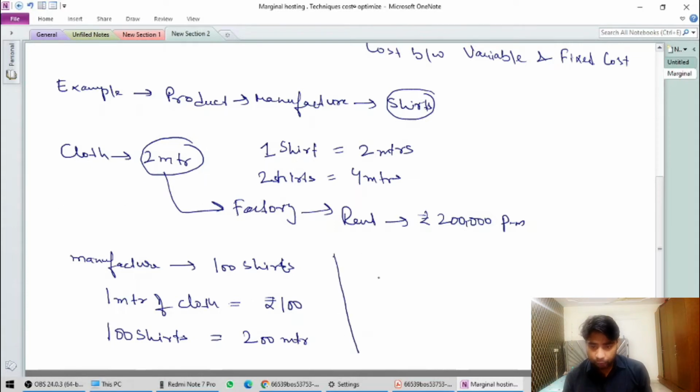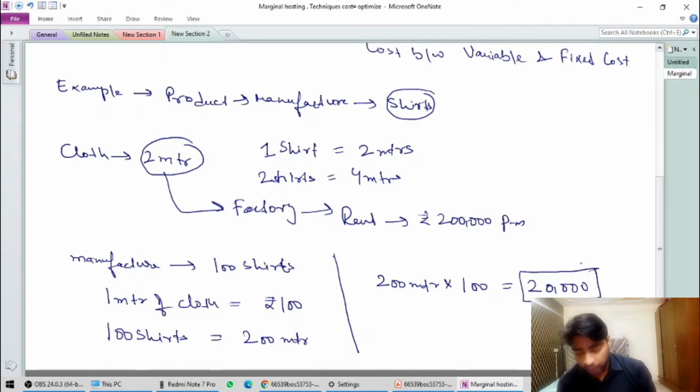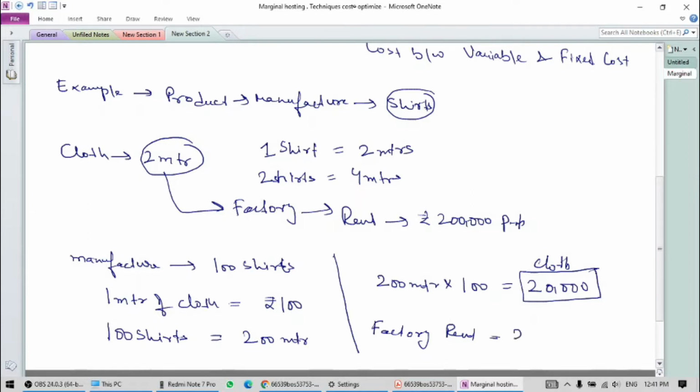So the price of 200 meters at 100 rupees per meter will be 20,000 rupees. So there are two costs. One is the cost of the cloth, and the second cost is my factory rent, that is 2 lakh.